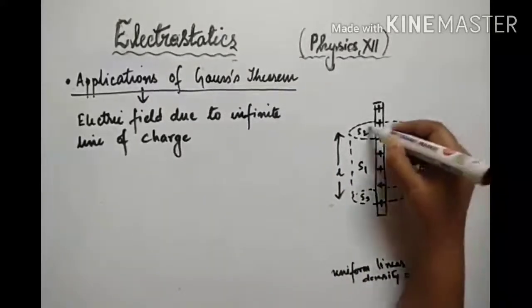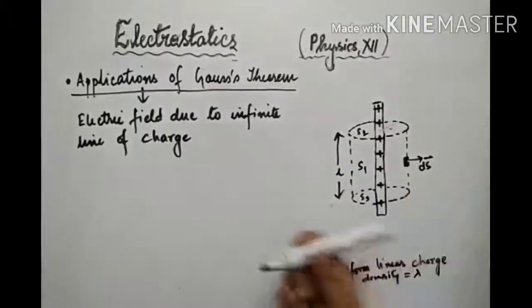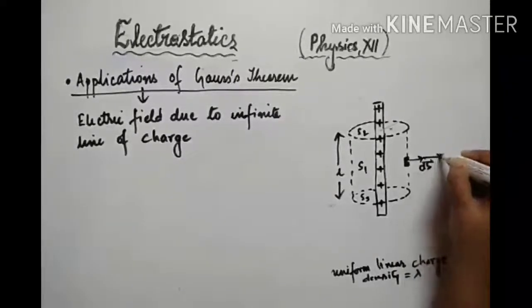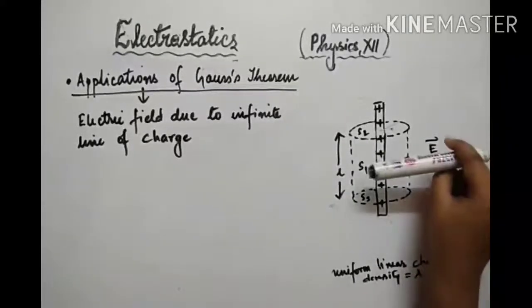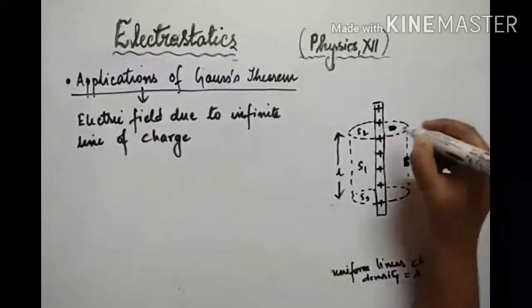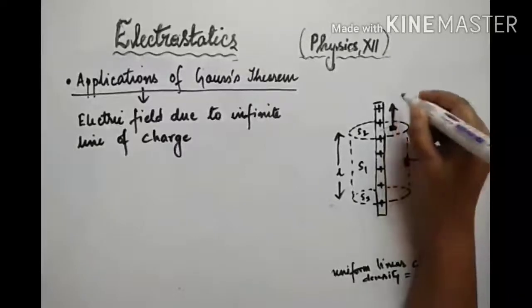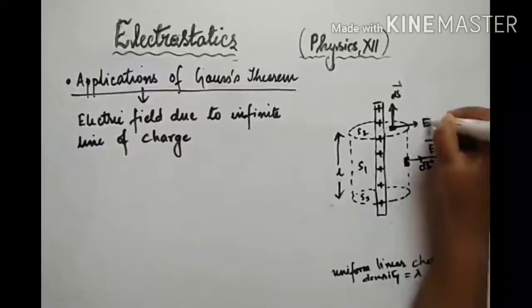Here also the electric field will be along the radially outward direction. So in this case, the electric field over this surface also will be along the outward direction, and your area vector also will be along this direction. Suppose you consider this area: the area vector will be perpendicular to the surface, along this direction, but your field will be along this direction.